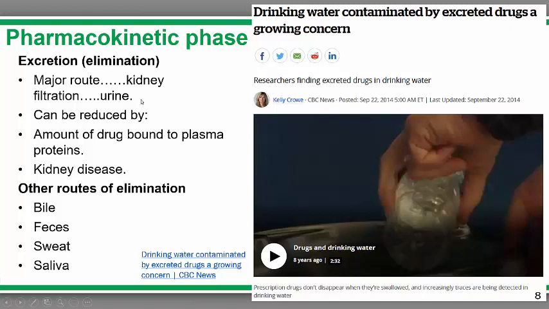Because of the final phase of pharmacokinetics, eliminating drugs naturally through the kidney, eventually a person's urine will show up in the water system, and it is starting to show up in our water supply.